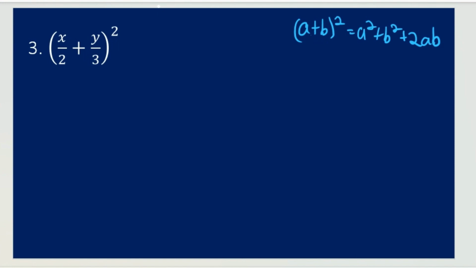Okay. Now let's see what a equals and what b equals. So a here is going to be x over 2.